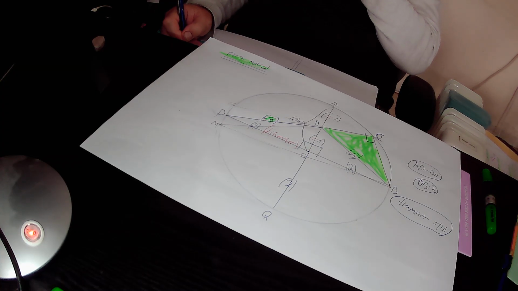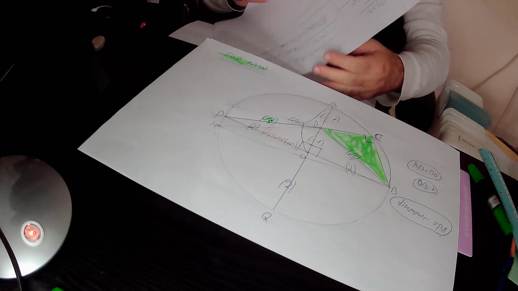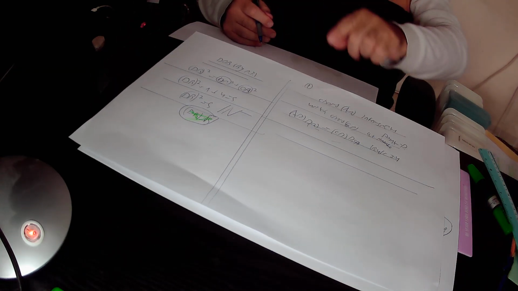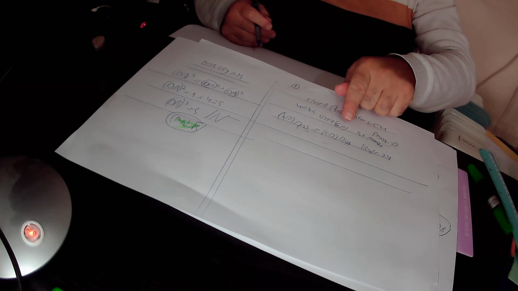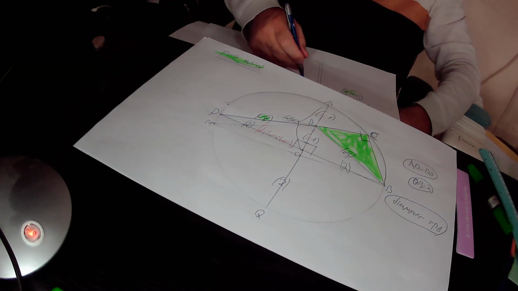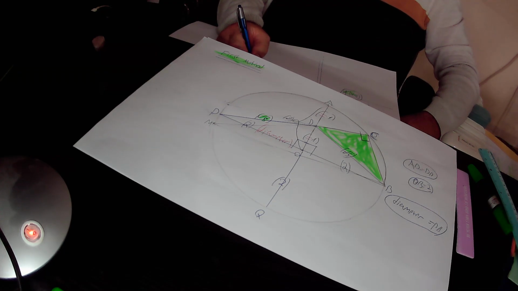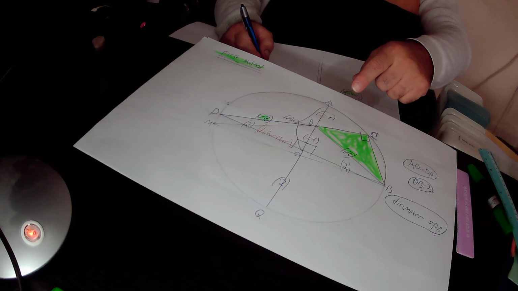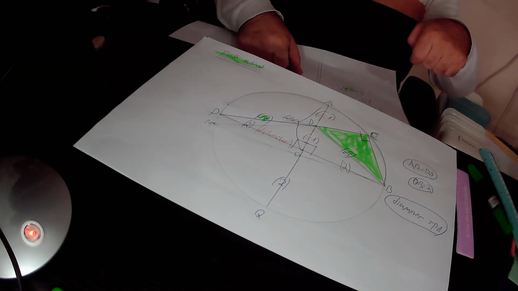And again, according to rule 24, the following equation is true: AD times DQ equals CD times DP. AD is 1, times DQ.